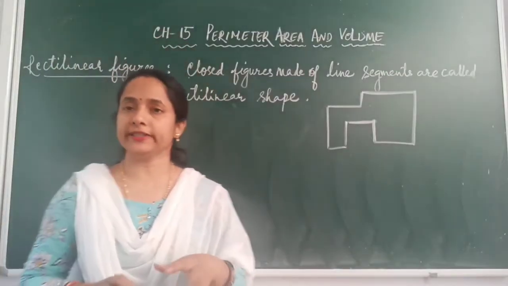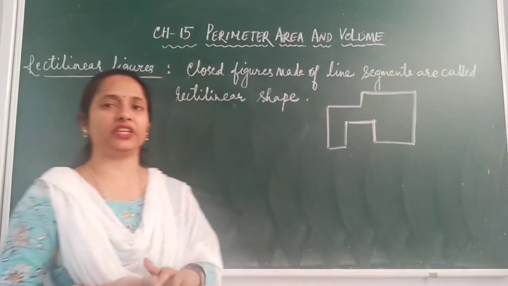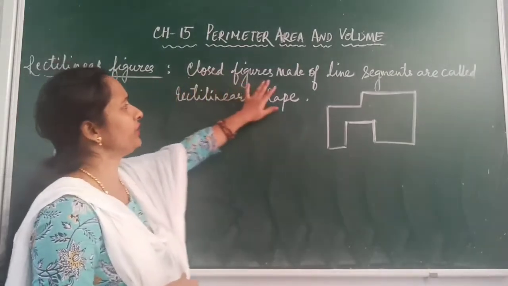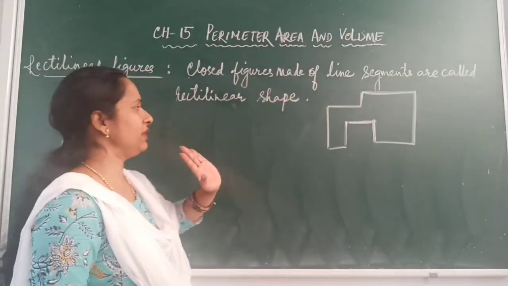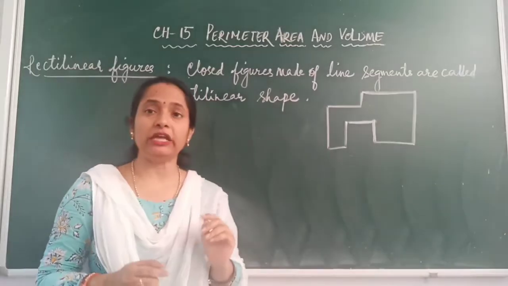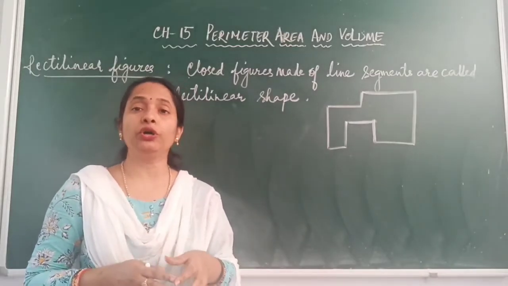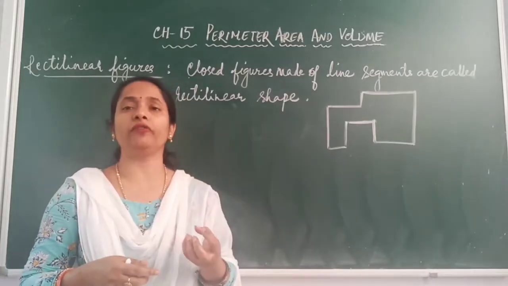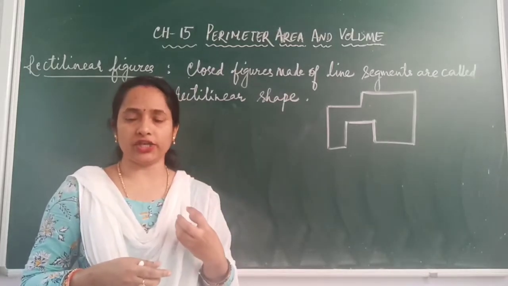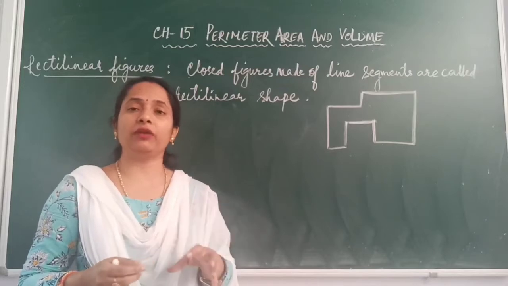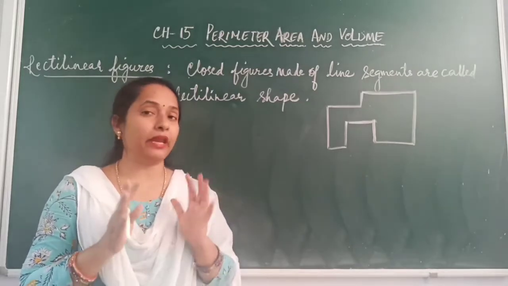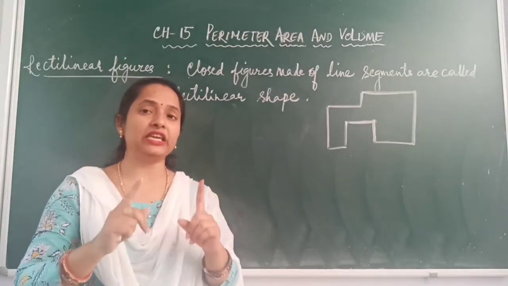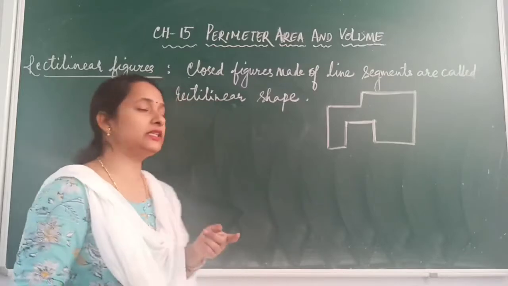So now let us understand what is a rectilinear figure. A rectilinear figure is a closed figure made up of line segments. Even if you want to go more deep into the definition of rectilinear shapes, strictly it will be the shapes that are made up of line segments and even they form right angles.